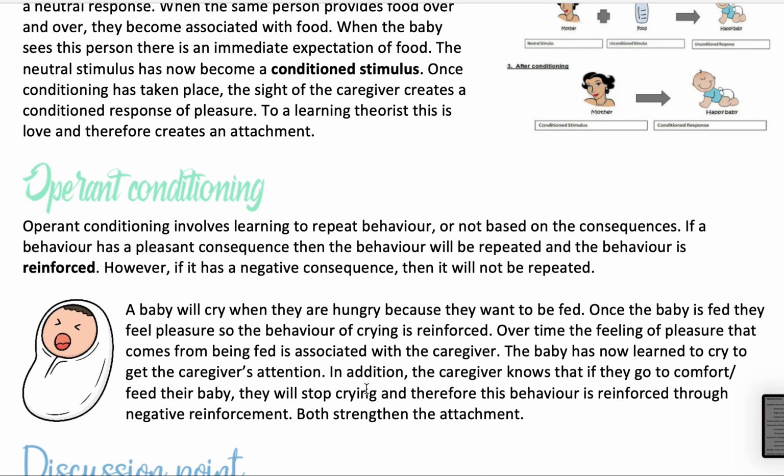Negative reinforcement is the idea that when the mother feeds the baby, the crying stops, so she escapes the negative situation. She keeps repeating the feeding behaviour because she knows it will stop the crying.